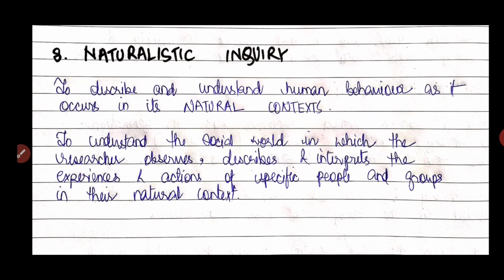There is no manipulation of the environment here, and hence the word naturalistic inquiry. The research is naturalistic to understand the social world in which the researcher observes, describes, and interprets the experiences and actions of specific people and groups in their natural contexts.